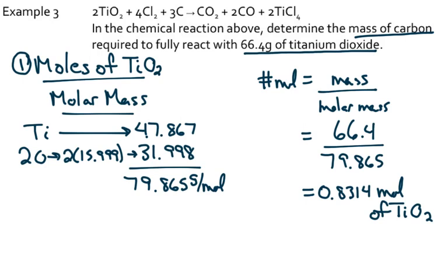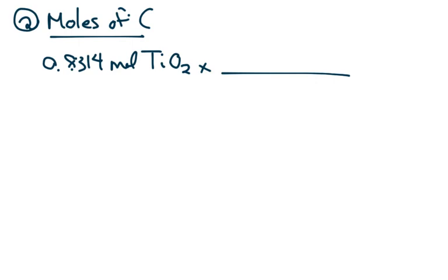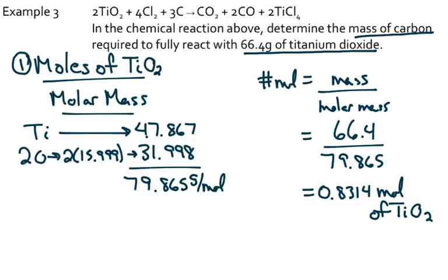Now we know the number of moles of TiO2. We can convert this into the number of moles of our unknown, which is carbon. So to do that, we take the moles of titanium dioxide that we just found, 0.8314, multiply that by the mole ratio, so we look back at the chemical equation.